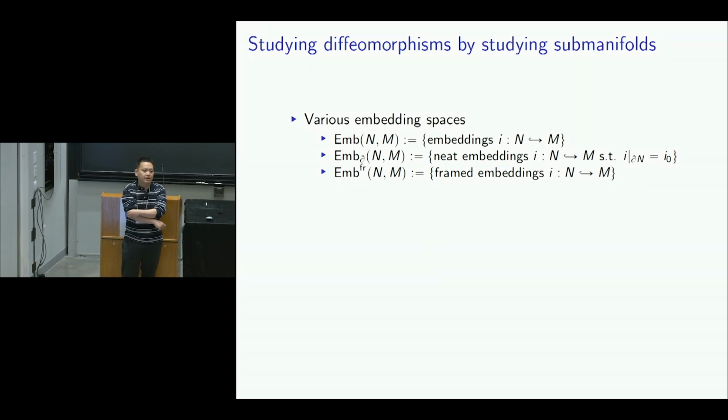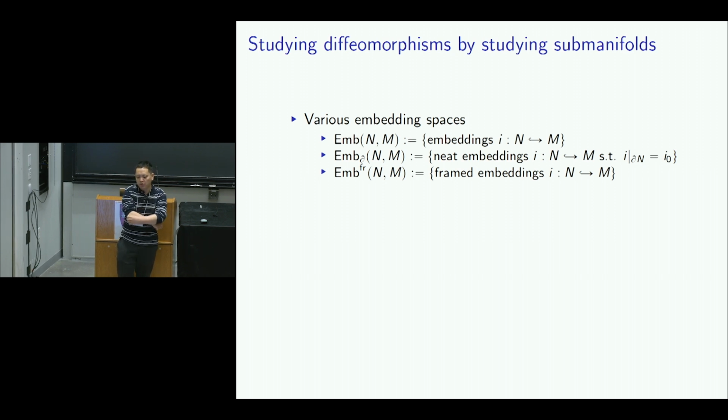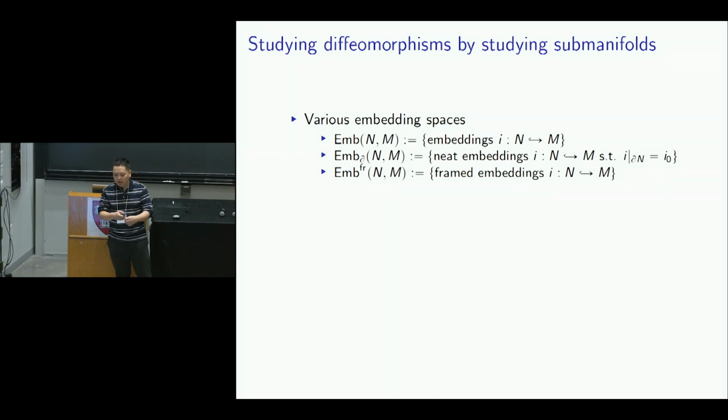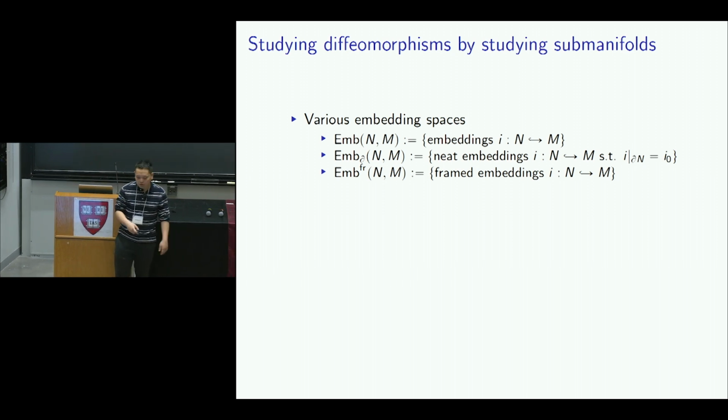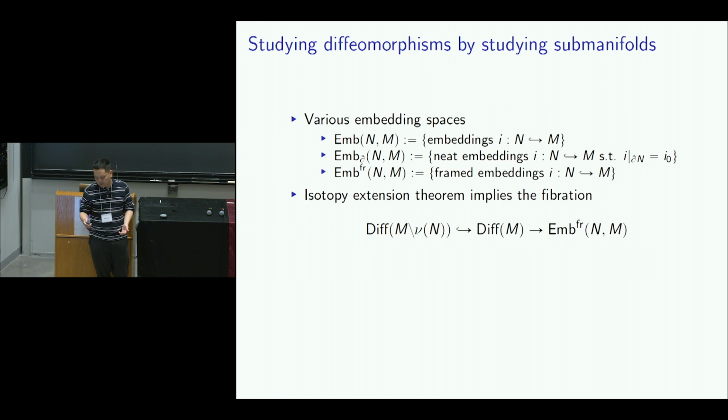If you have a submanifold of a four-manifold, like a surface or a curve or a three-dimensional submanifold, separating or non-separating, you can consider various embedding spaces: the space of embeddings from a lower dimensional manifold to a higher dimensional manifold. So yeah, for example, there are many different variations.